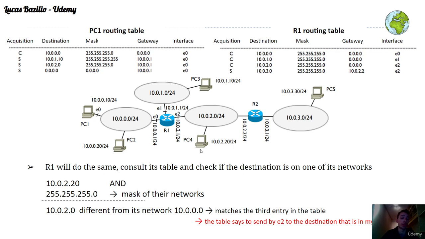So very important: when an entry matches, the table says the interface that we need to send by. In this case, for R1, the interface is E2. We can reach this network, and therefore we also reach the destination host.